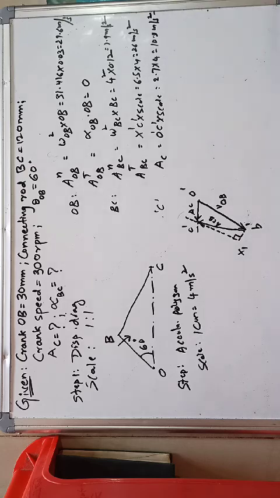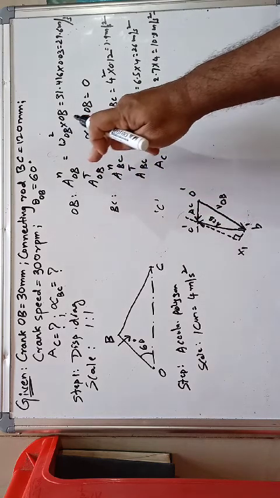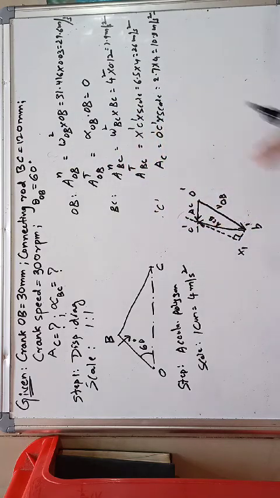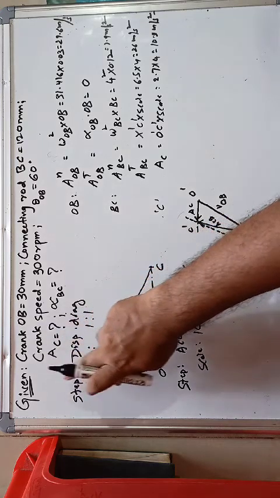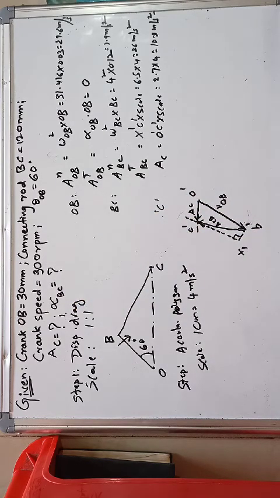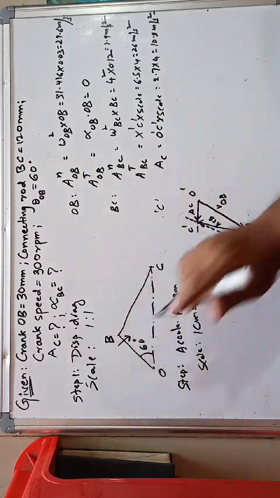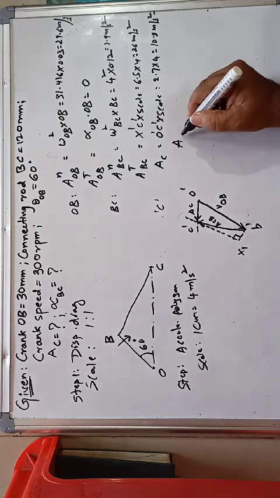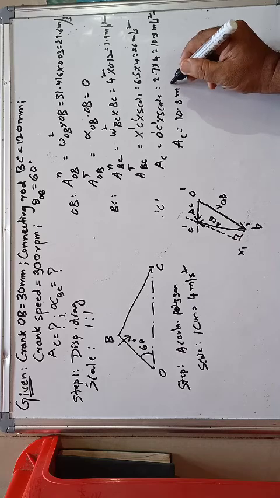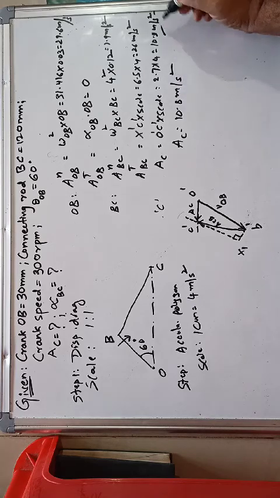So these are the values we have found for the link OB, normal and tangential, for the link BC, normal and tangential, and for the link C, the linear acceleration. Ultimately I want to find the linear acceleration of the link C and the angular acceleration of the link BC. The linear acceleration of the slider AC is 10.8 meters per second square, which we already found.